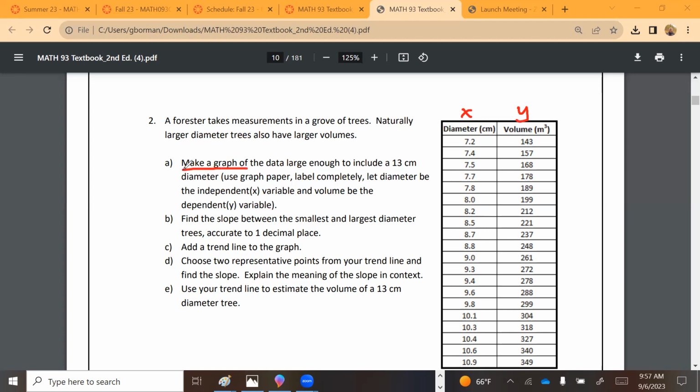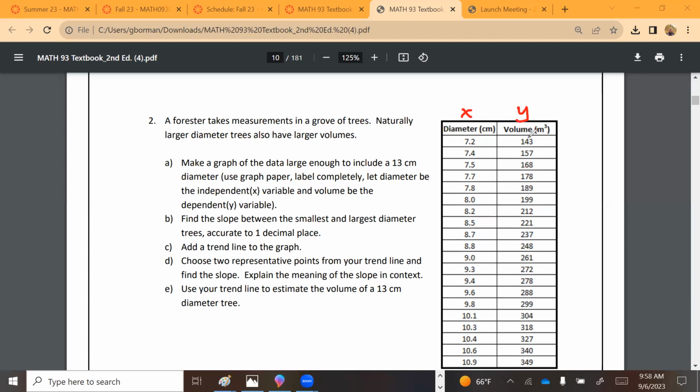We're supposed to start off by making a graph of the data large enough to include a 13 centimeter diameter. Notice the diameters that they give us only go up to 10.9, so we need to go a little bit further, up to 13, in the X direction. Now the Y direction, I don't know.